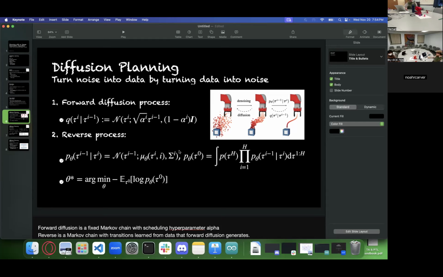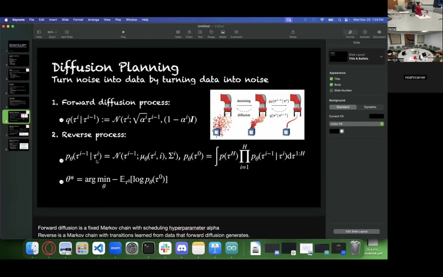One thing of note is that our variance is known from the start because it's defined by our Q. It's exactly 1 minus alpha times I. Well, it really isn't because we're going backwards. So it is the same variance. And you can also note that we're moving backwards. We're giving the probability of tau i minus 1 given tau i. And reminder that as i increases, we are moving towards noise. As i decreases, we're moving towards data.